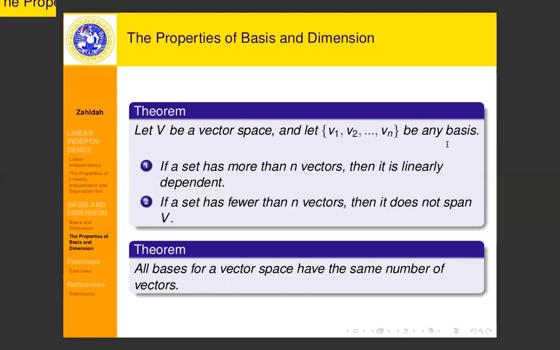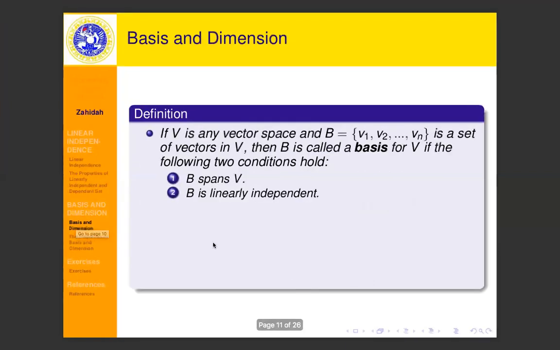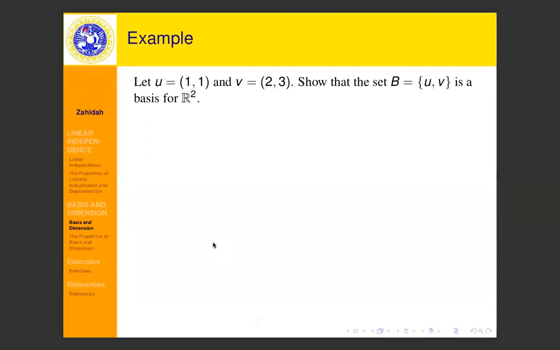For example, this one is a basis, and we have another basis, the standard basis for R2. Maybe I can write this as B2. This is the standard basis, so we have (1, 0) and then (0, 1).